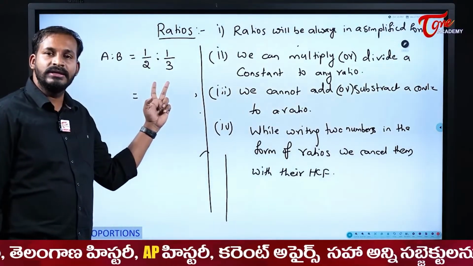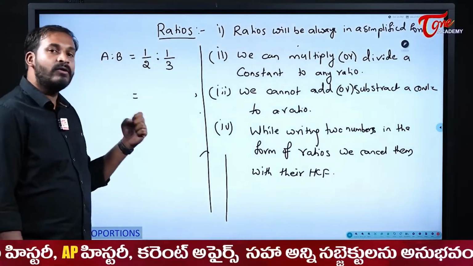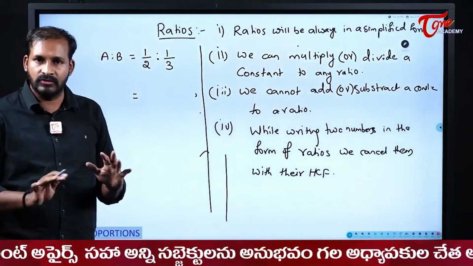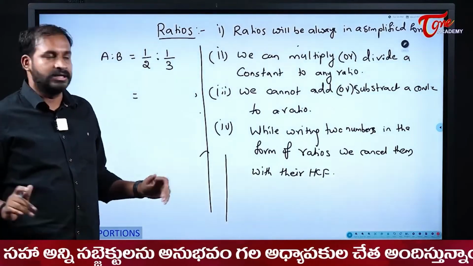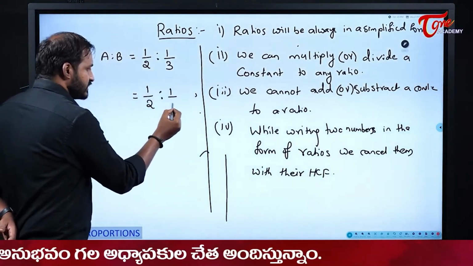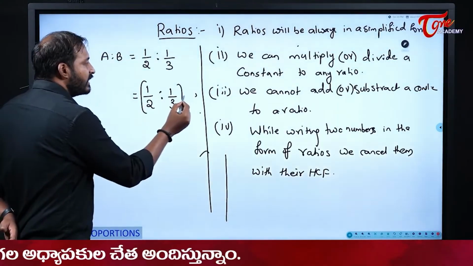What is the LCM of 2 and 3 here? 6. And we have one property of ratios: we can multiply a constant to a ratio. There is nothing wrong in that, it will not affect our ratio. So because of that, I will multiply this ratio with 6.